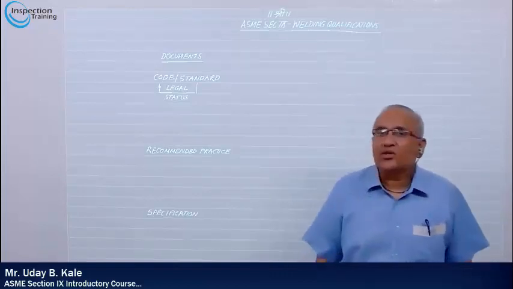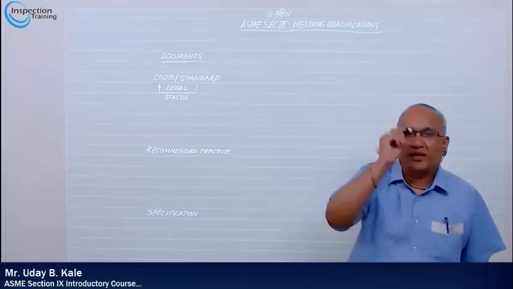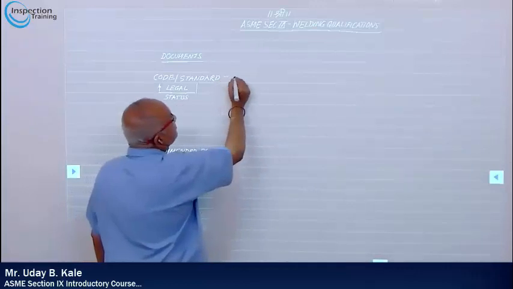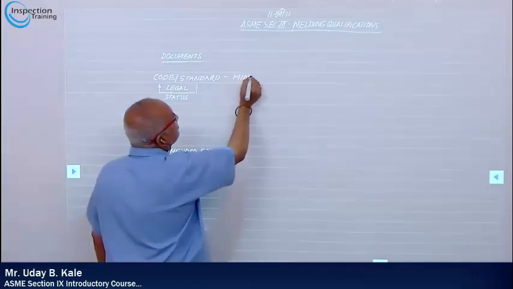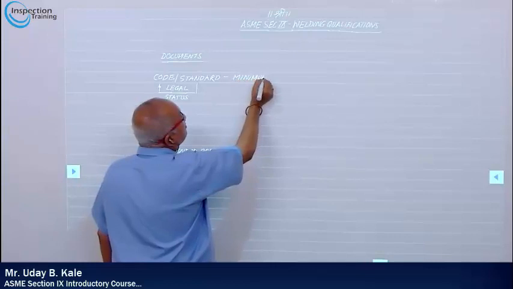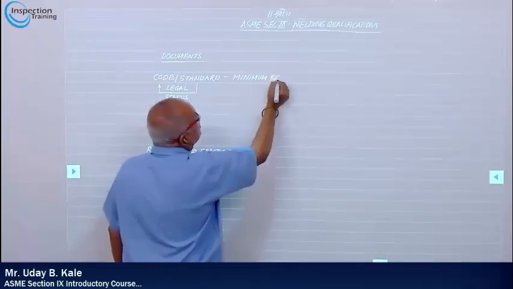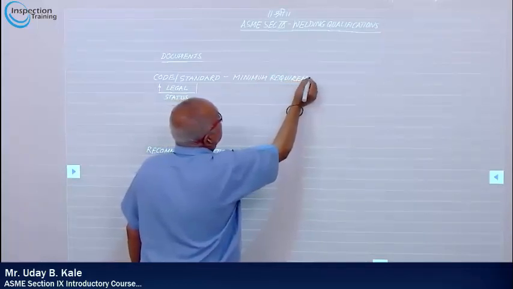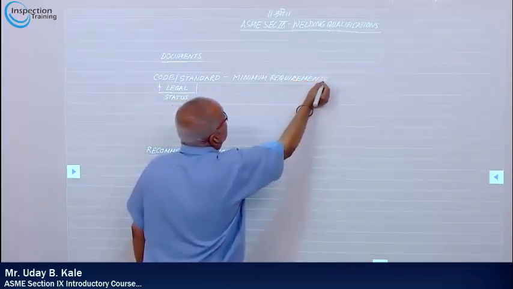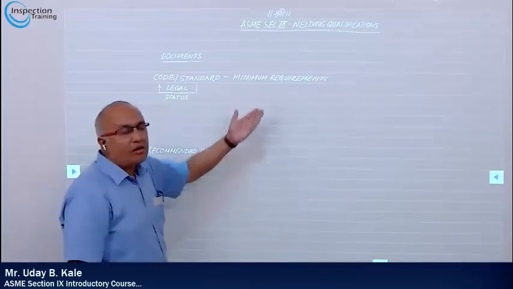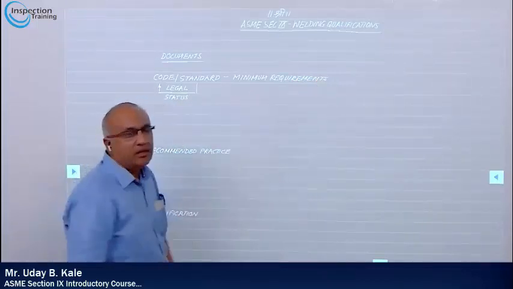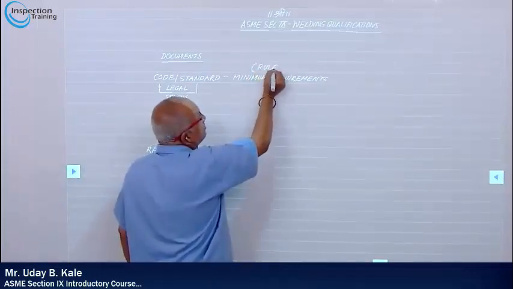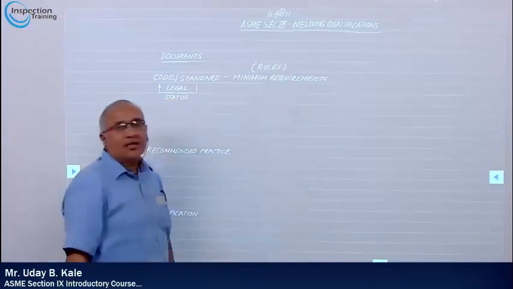This document gives you minimum requirements. So in case of construction code, what are the minimum requirements? Minimum requirements are nothing but the rules that we talk about.